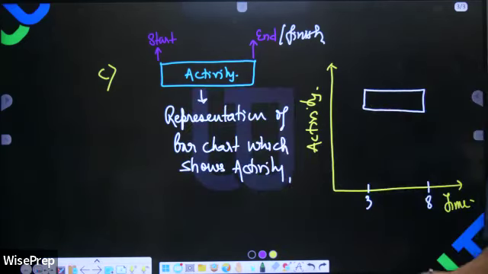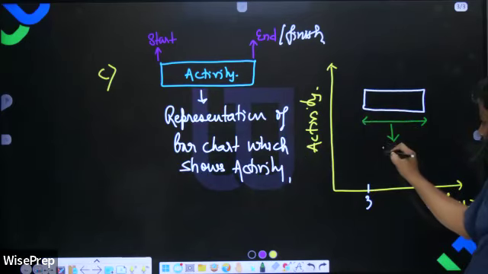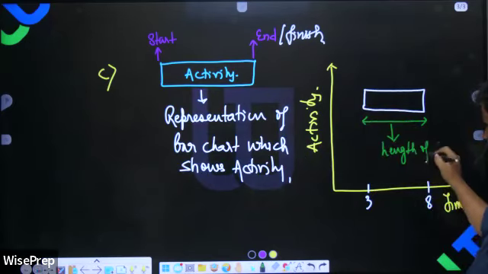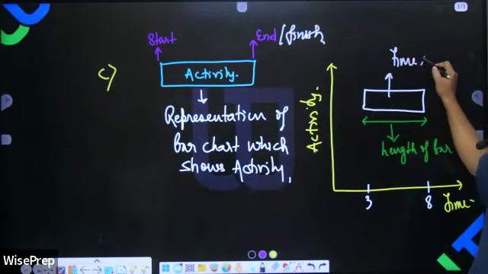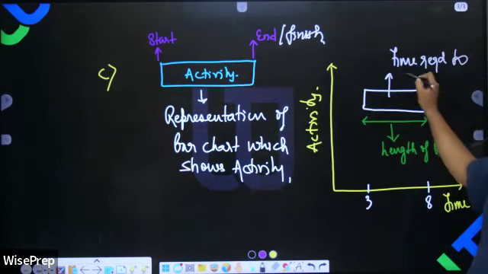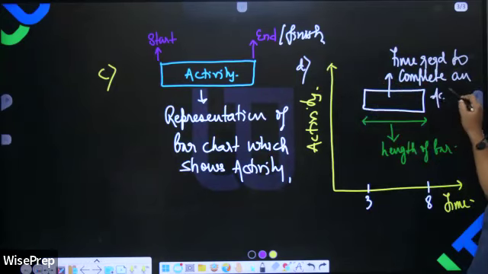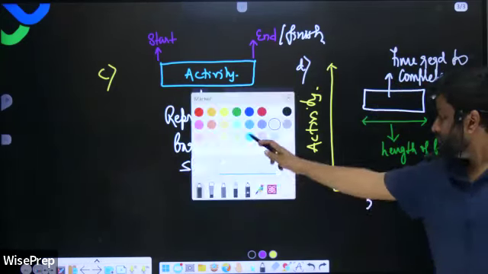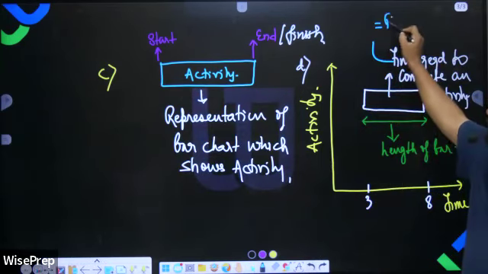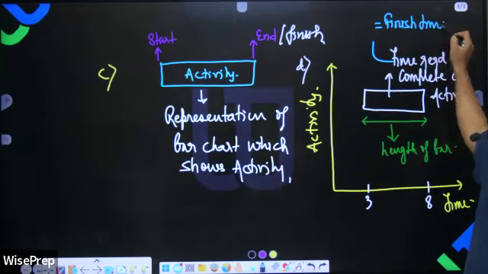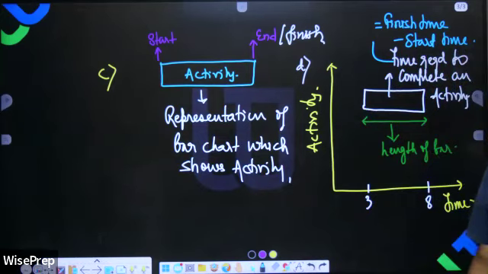This defines the time required to complete the activity, or the length of the bar. So the time required to complete an activity is equal to finish time minus start time. Got it? So write down.